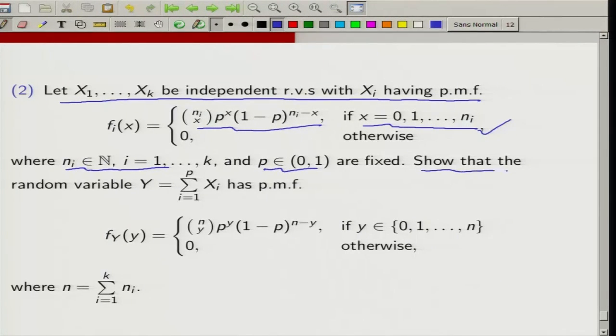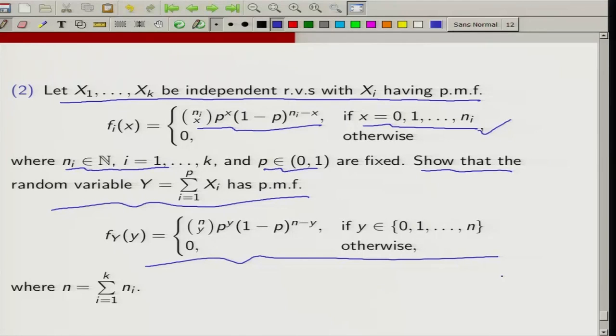Show that the random variable y equal to the summation of xi for i equal to 1 to k has this probability mass function. What I would suggest is to use the MGF technique to prove this. You will have to find the MGF of this. Once you have the MGF of this, try to show that the MGF of y is the same as the MGF of this.